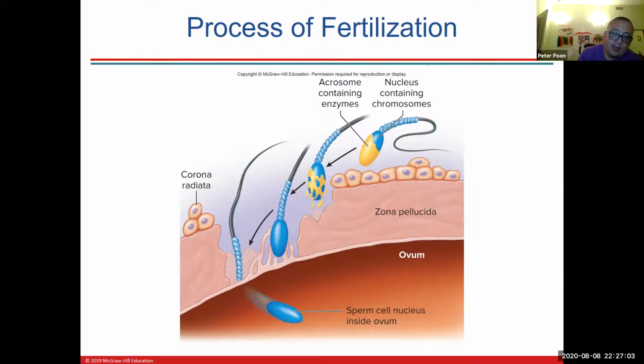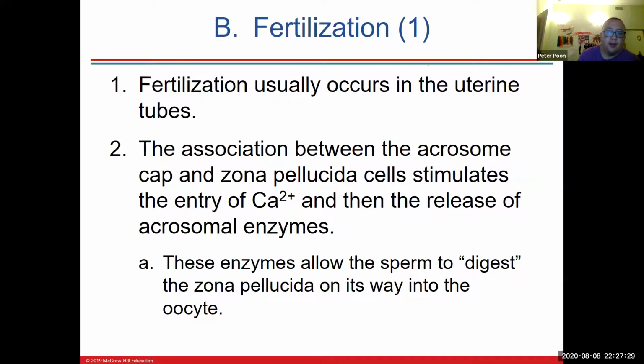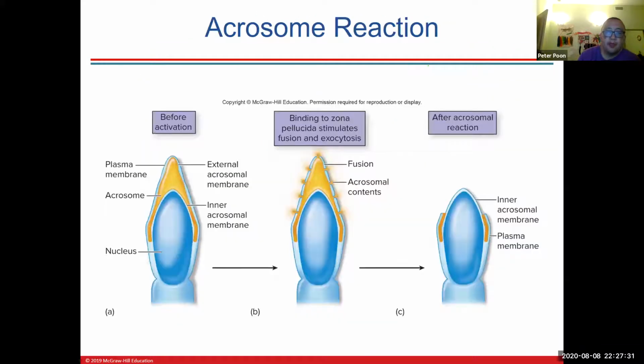Once inside the ovum, the only thing that actually gets in is the sperm head, not the midpiece or the tail. That's why your mitochondrial DNA is only from your mother, because the body stays outside the female.